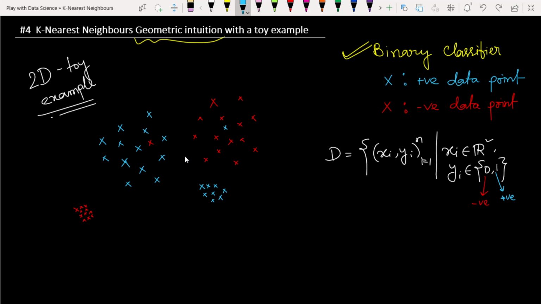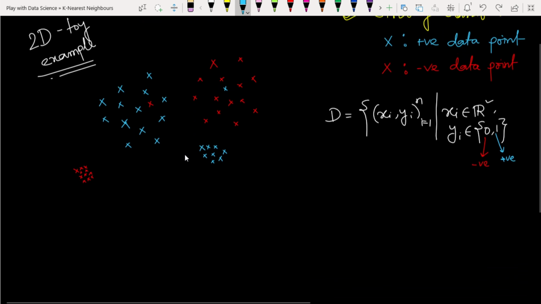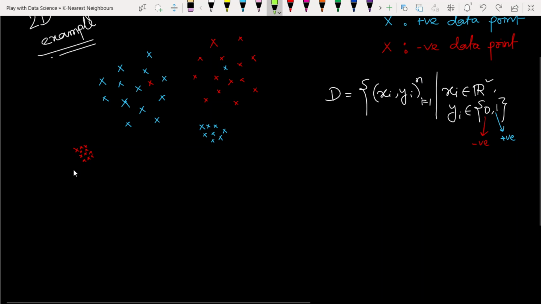The geometric intuition, the main concept of k nearest neighbor, is as follows. Suppose we have a query data point, here. We are interested in finding the class label of this point, and we call it the query point.